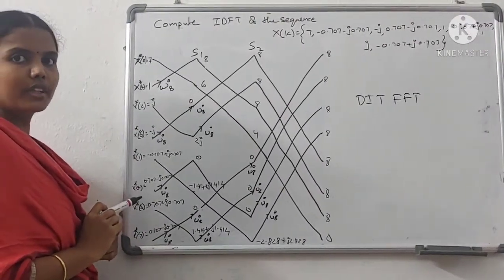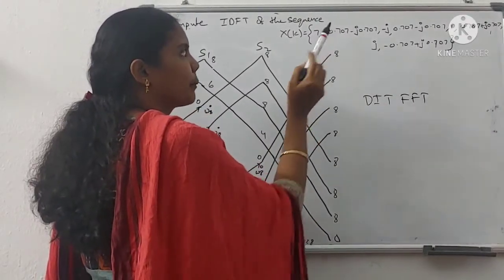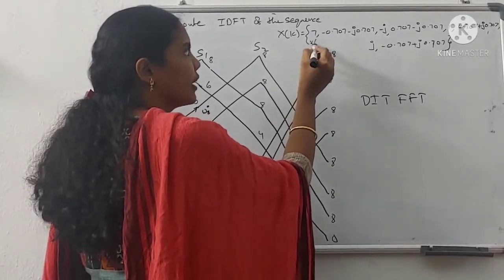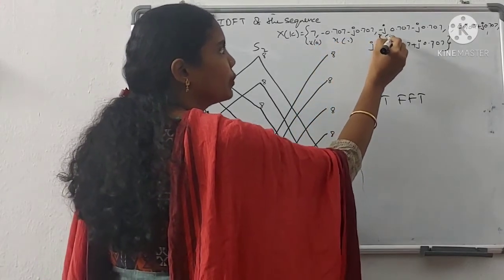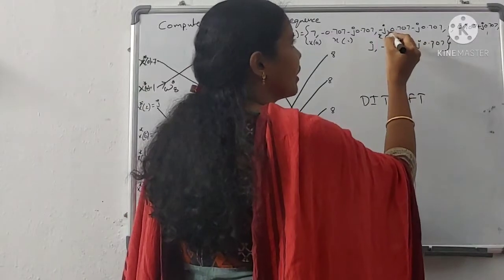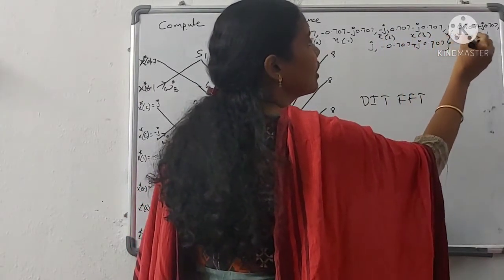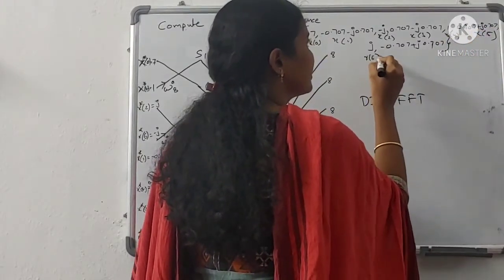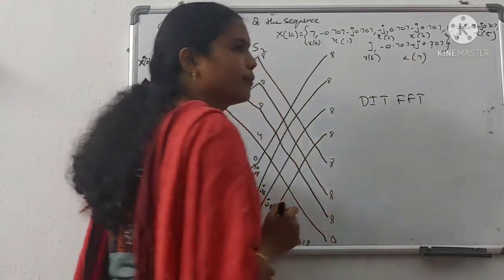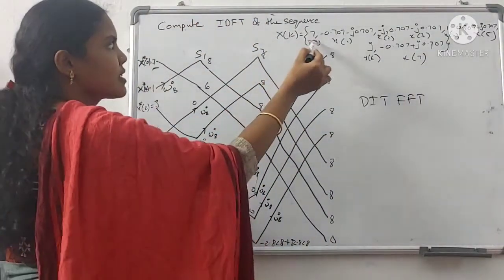Okay, so what is the given data? X of k is equal to 7. This is x of 0, this is x of 1, x of 2, x of 3, x of 4, x of 5, x of 6 and this is x of 7. So for x of 0 what is the value? 7.